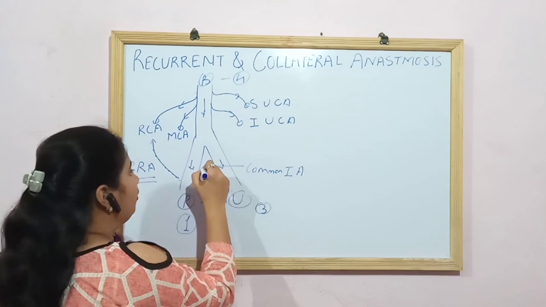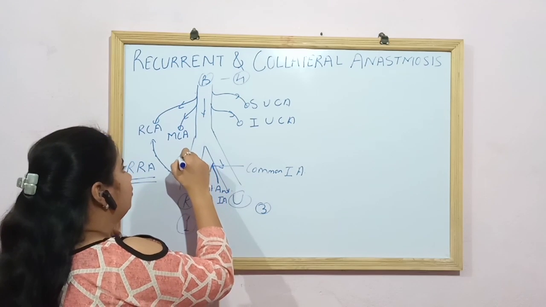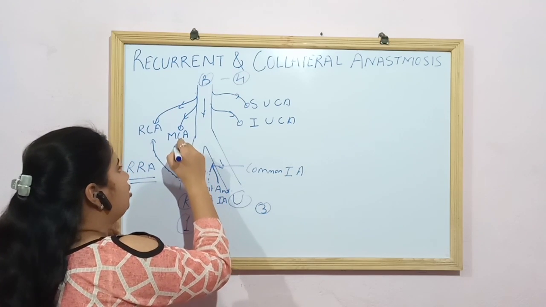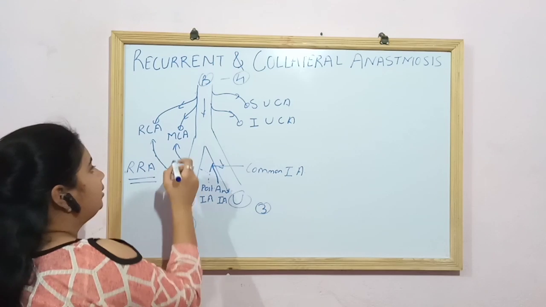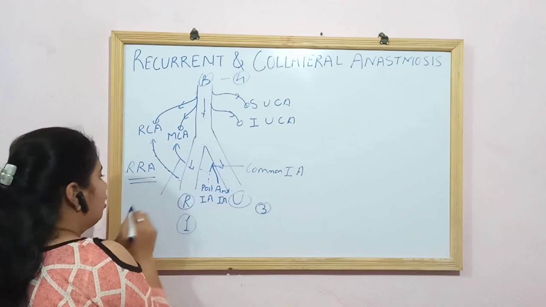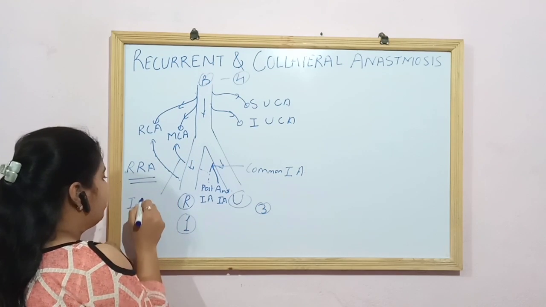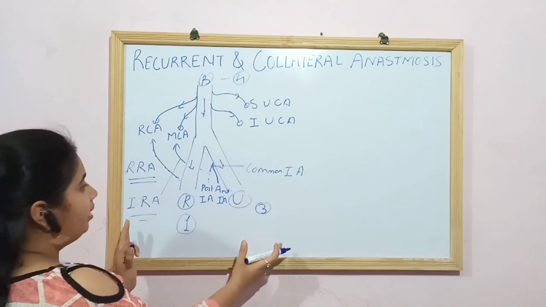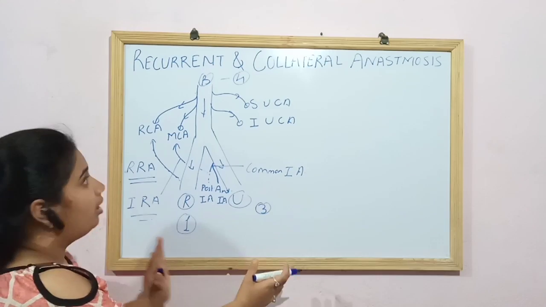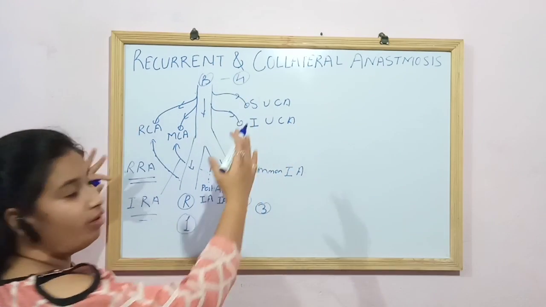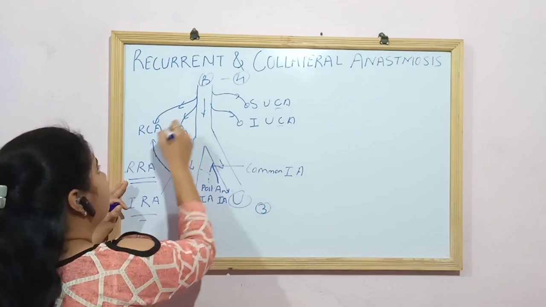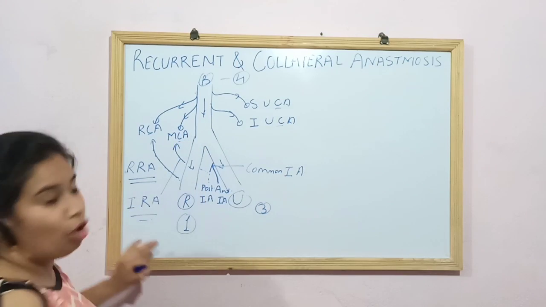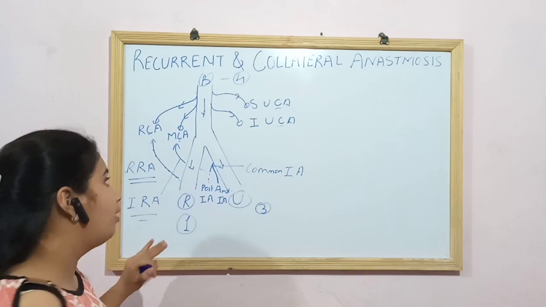So this is going to anastomose with this, and this is named the interosseous recurrent artery. Mark my words, all the arteries coming from below are the recurrent, and all the arteries coming from upwards are the collaterals. And these all will be the recurrents.